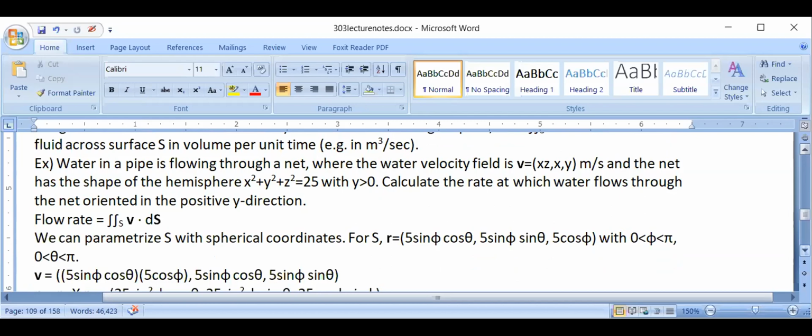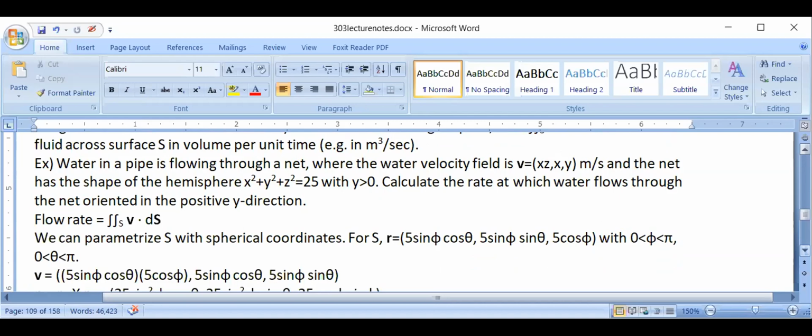That's just from the vector field. Next, we need to calculate our normal vector. First, you take dr d phi, then dr d theta, and then take the cross product.